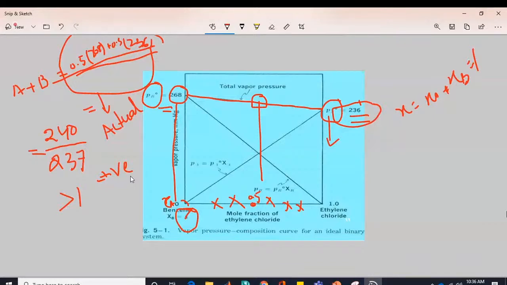Okay, I'm unable to see any animation related to flash distillation, but that's a very simple mechanism, right? Okay, sir, leave it.